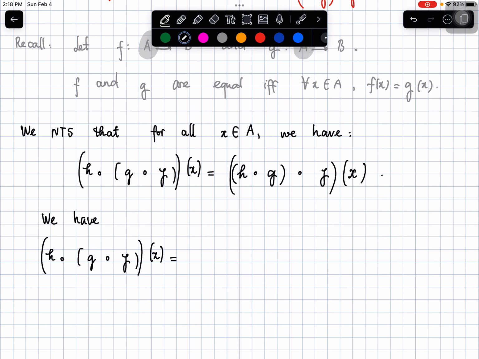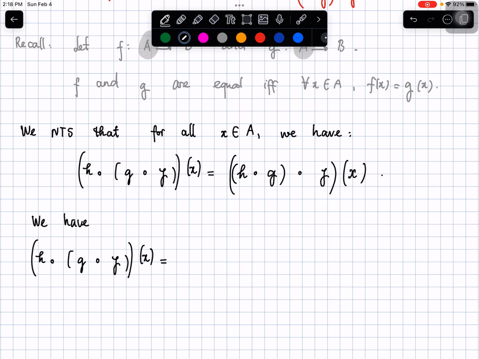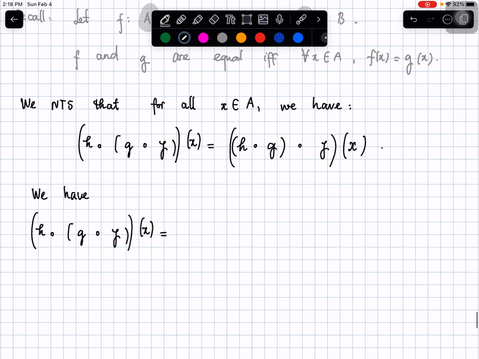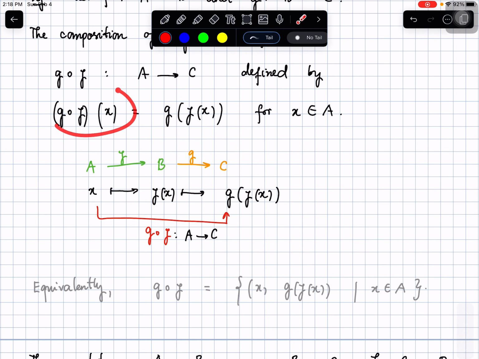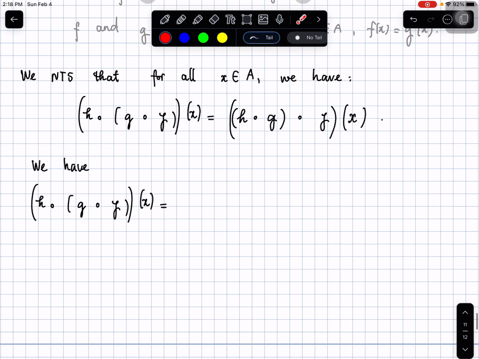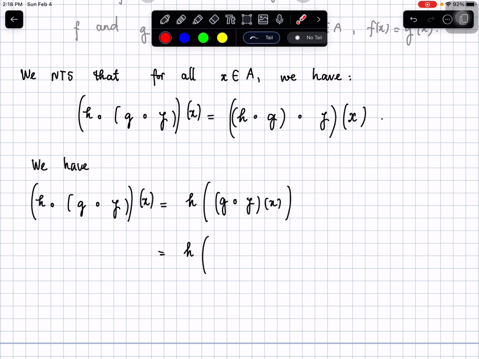We have h∘g∘f of x by definition. We recall the definition of composition. We had before g∘f of x is g of f of x. So h∘g∘f of x is by definition h of g∘f of x. Okay, and now again we use the definition of composition. g∘f of x is g of f of x.